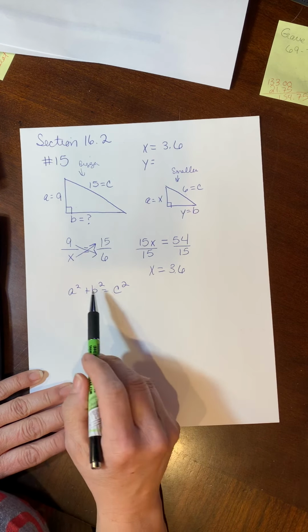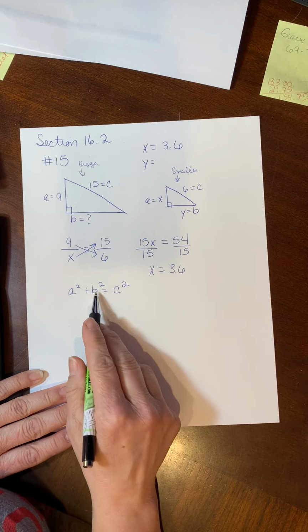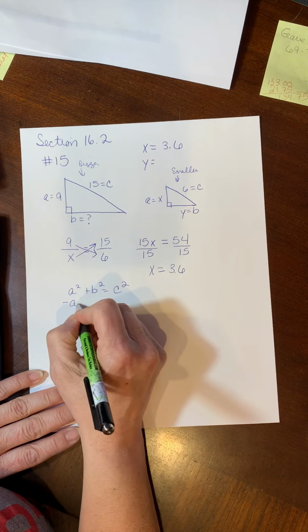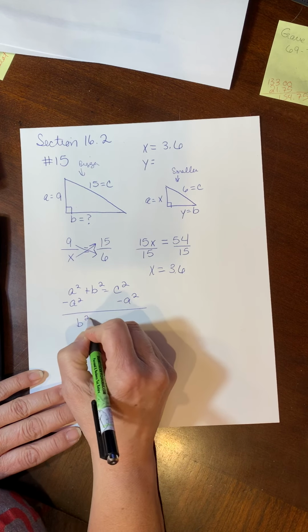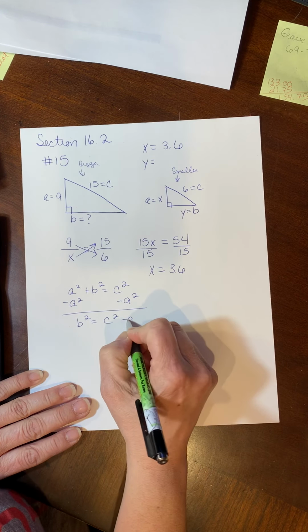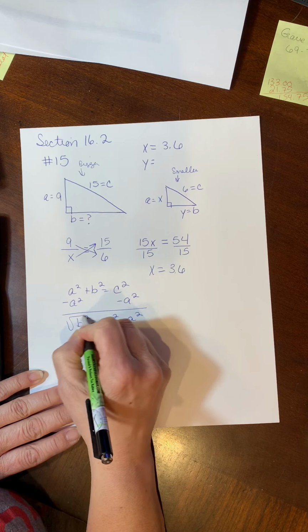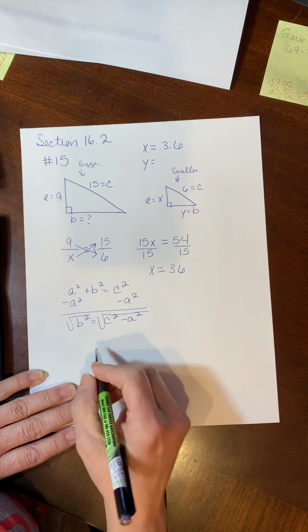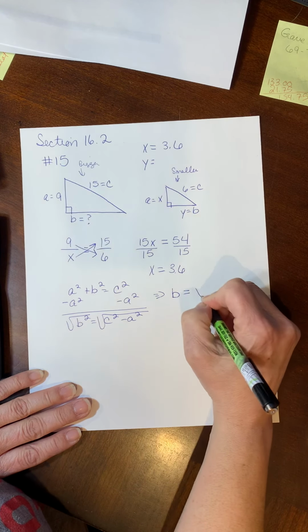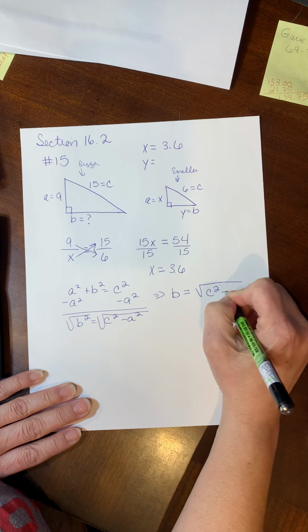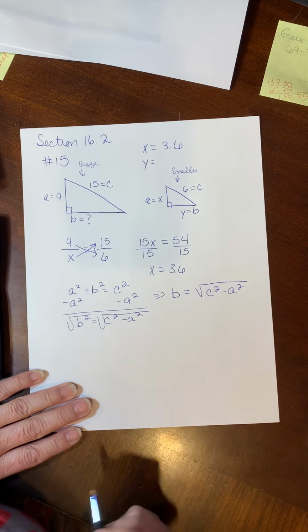We're trying to solve for B squared. So let's isolate B, subtract A squared from both sides. B squared equals C squared minus A squared. Take the square root here and the square root here. We now know that B equals the square root of C squared minus A squared.